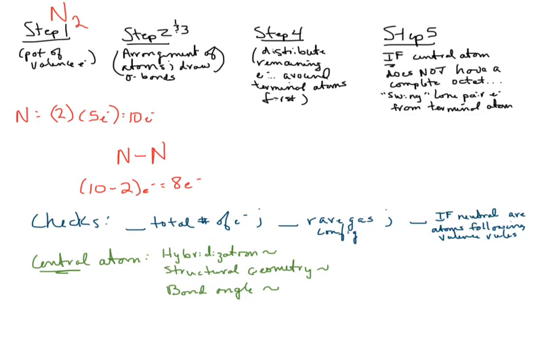So, kind of like we did with the previous structure, let's just for kicks call our right one the central one. We're going to leave it for last. And we'll call our left one the terminal, just so we're all on the same page.